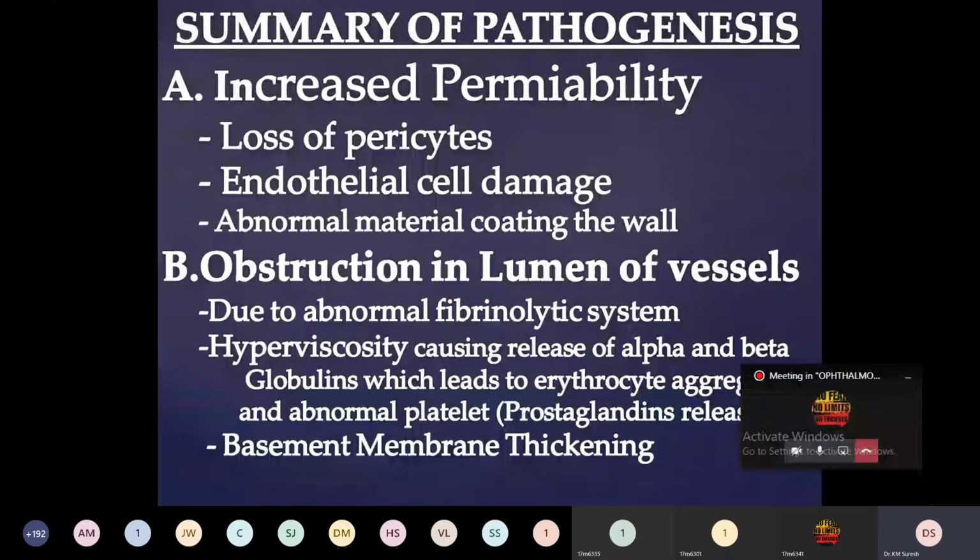So basically the pathogenesis consists of increased permeability and obstruction in the lumen of the vessels, which are the reasons why you see the various clinical features we are going to observe in diabetic retinopathy.